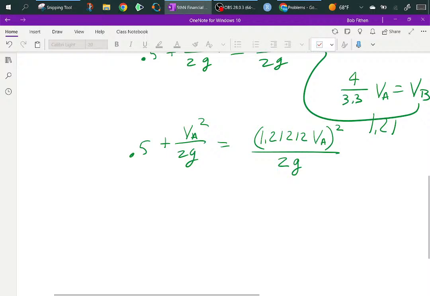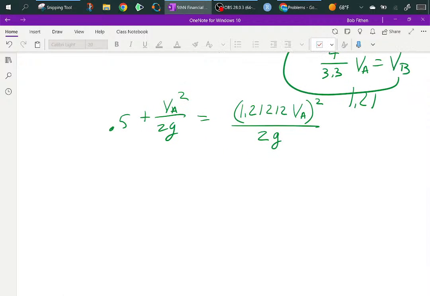But I'm just going to find the velocity and then multiply times the area later. So I'll take this thing over to there and add those two. So what is that? 0.5 equals VA squared over 2G.